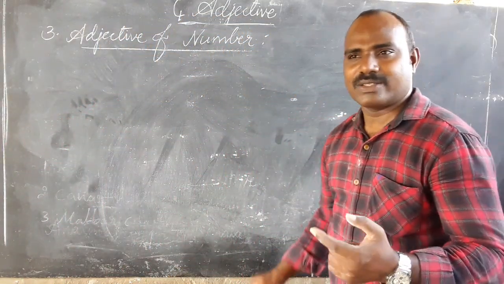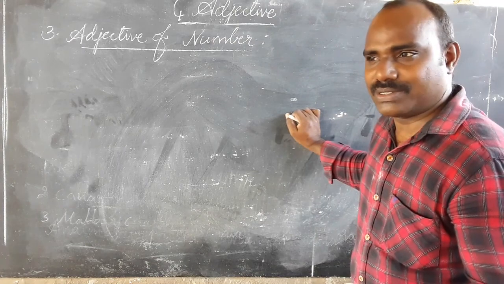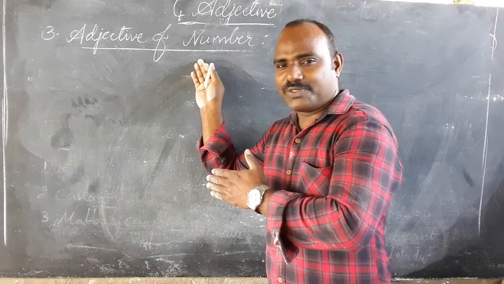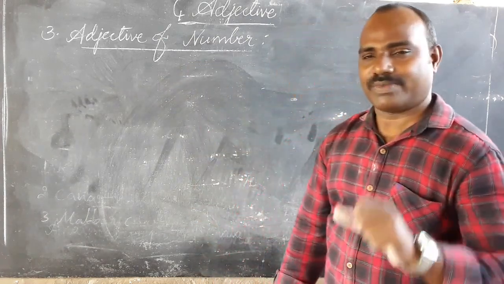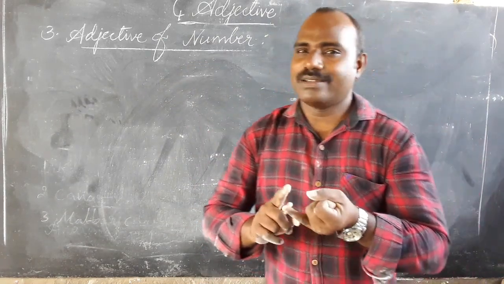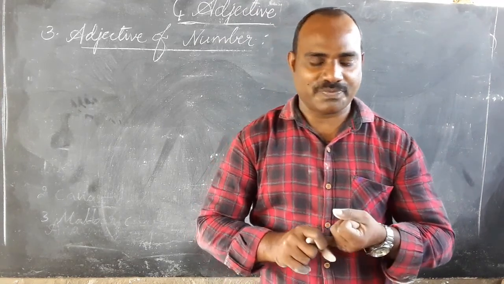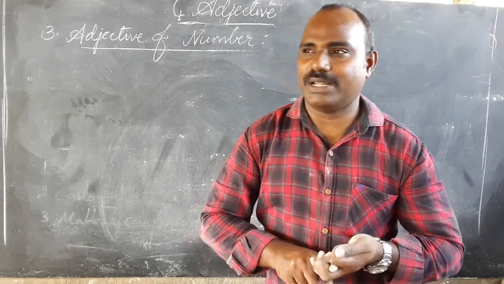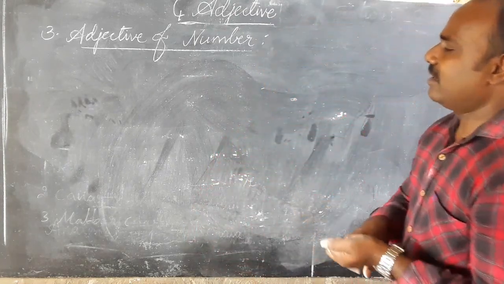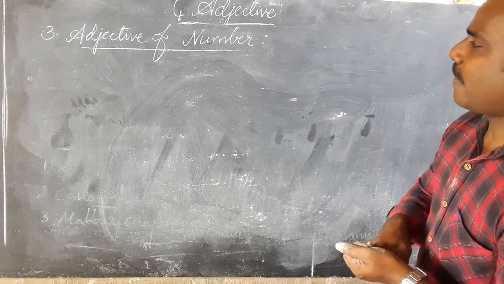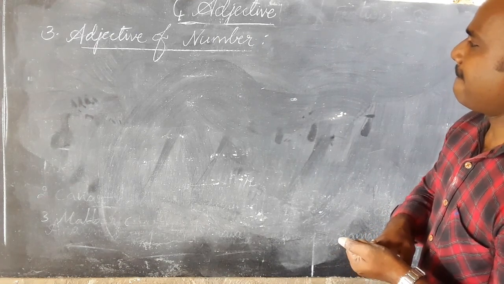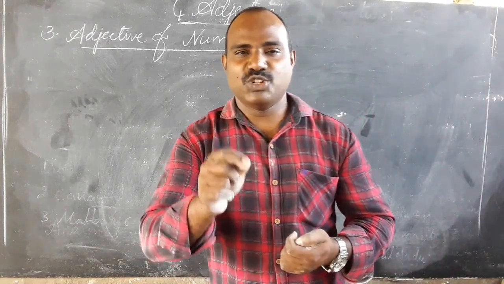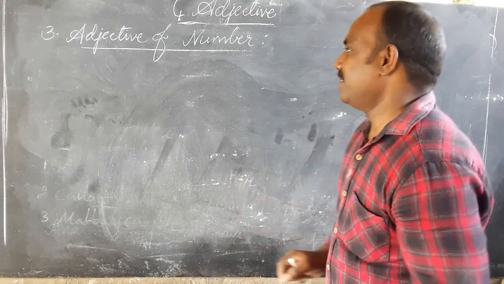This can also be called numeral adjectives or number adjectives. Again here, this adjective of number can be of three types. The first one is definite numeral adjective. Second one, indefinite numeral adjective. The third one is distributive numeral adjective. Right?